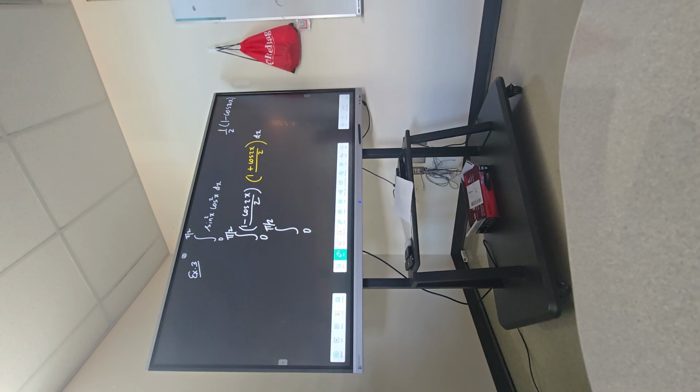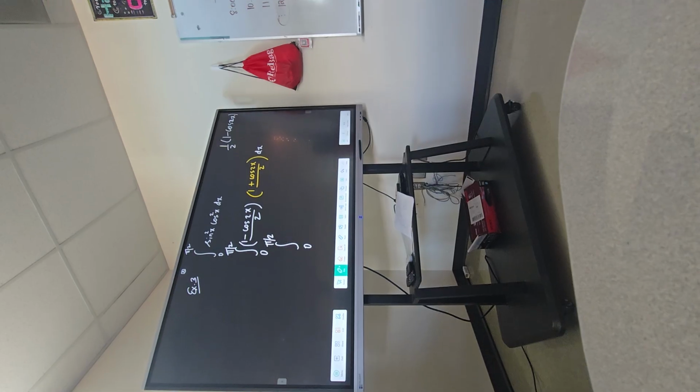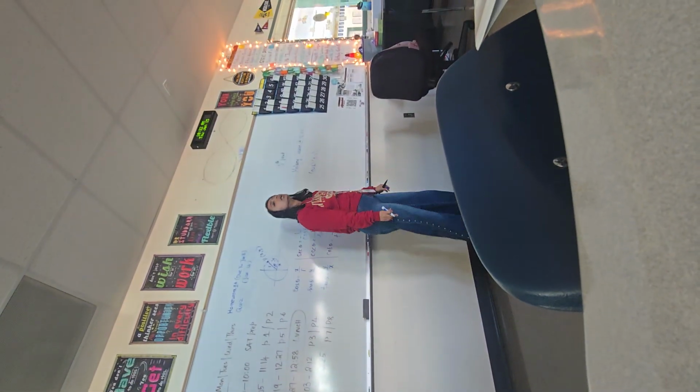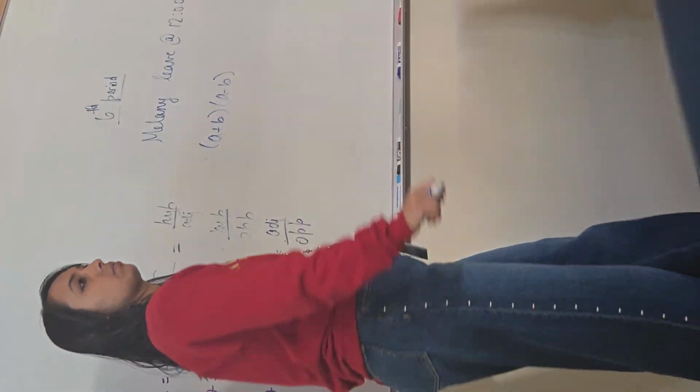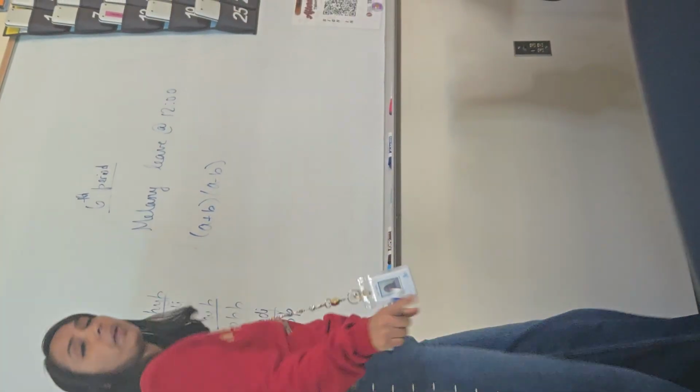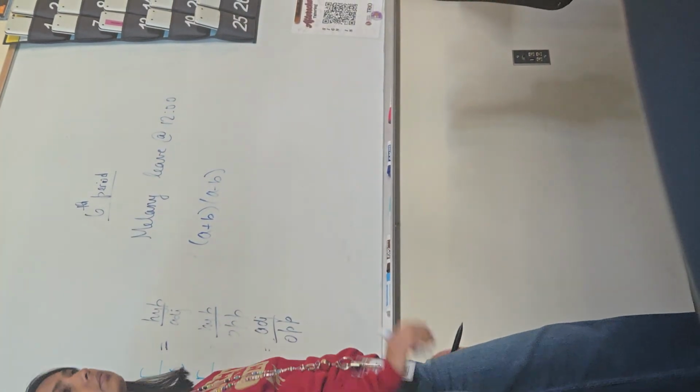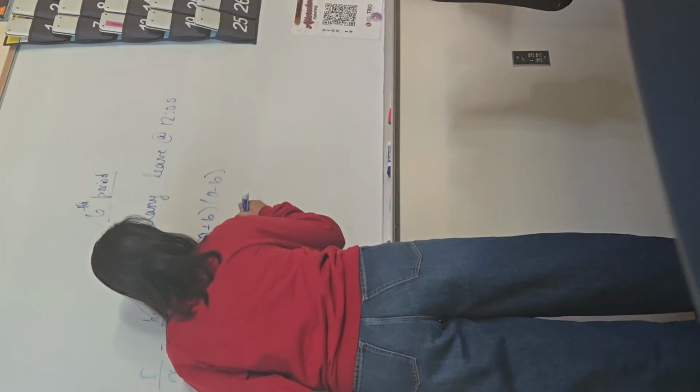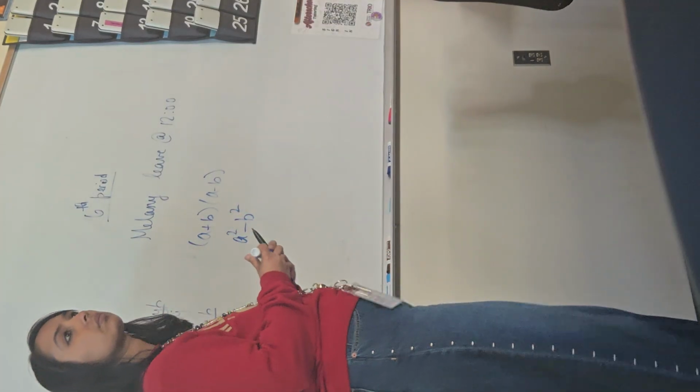I've been telling you since trig to memorize this. If you haven't, you have to do it right now, because we don't want to spend our mental energy on small things. If it is in this format, recognize that format. It's a squared minus b squared.